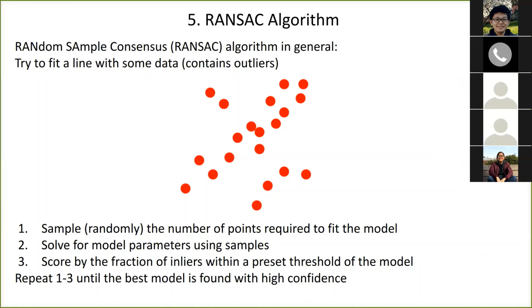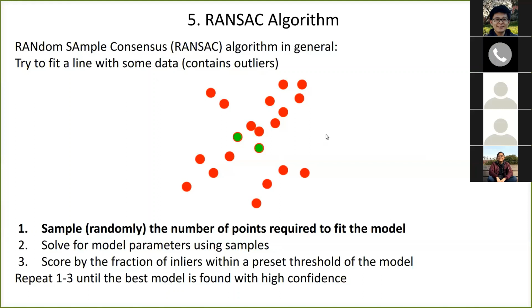Okay, so imagine we have several 2D points, and our goal is to estimate a line, a function of a line, which can include most of the points in this data set. This is very similar to linear regression in machine learning, but slightly different.